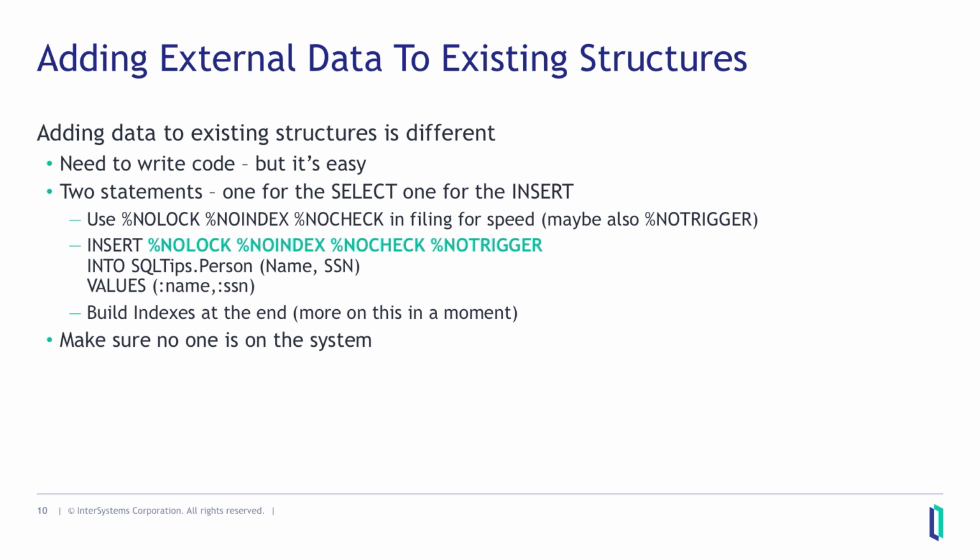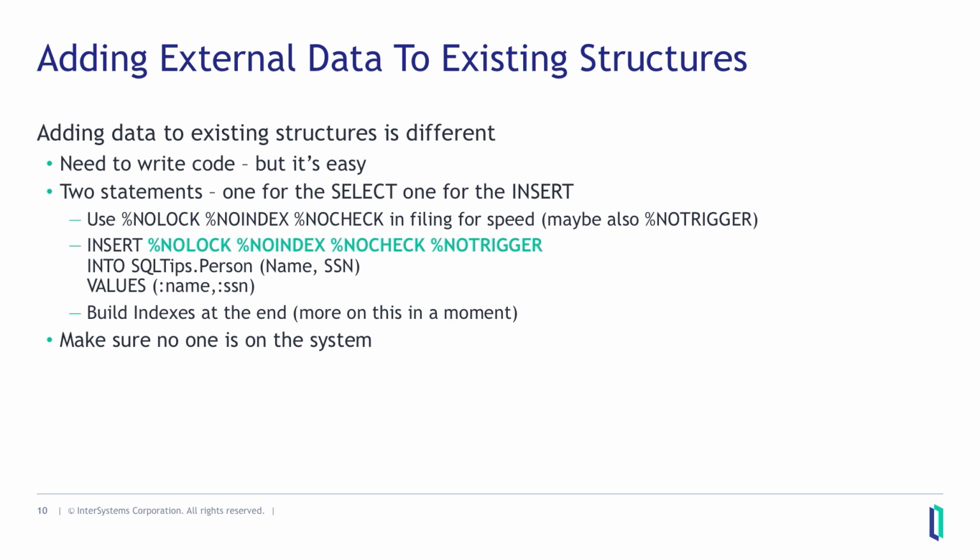These are extensions that we have added to the SQL language. Anything with a % that you run into will be an extension, and I'm going to talk about extensions a little bit later. So what this will do is prevent locking, indexing, and triggers from running in order to be able to ingest the data faster.